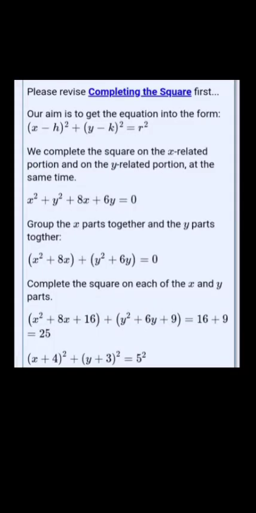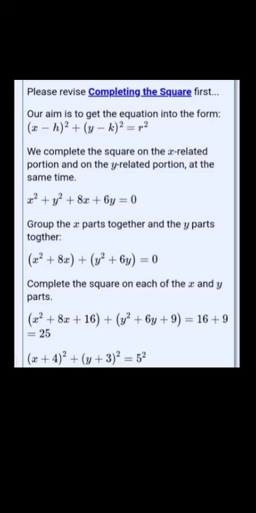So if the given equation is in general form, we should convert this first into a standard form to find the center and the radius of the circle. And we can successfully find the center and the radius of a circle if we complete the square of the given equation.